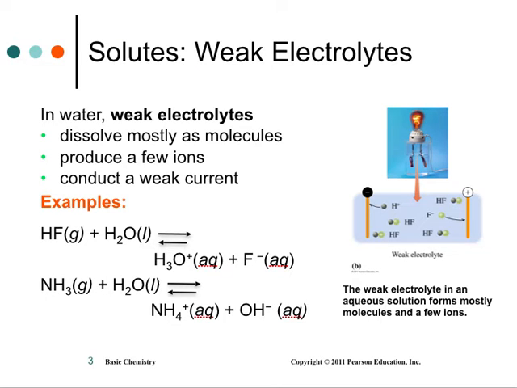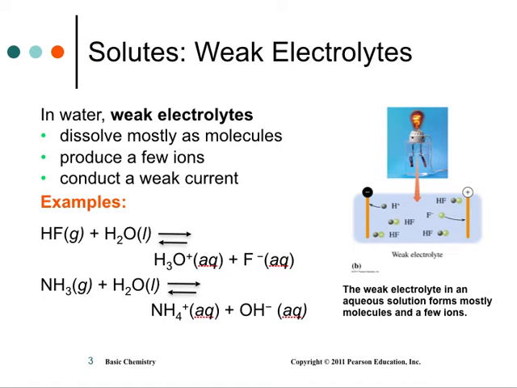You're going to have a few ions because there's a little bit of electrolyte there, but you're not going to have a strong electrolyte that would go completely into ions. And since there's only a little bit of positives and negatives in this water, it would conduct a weak current. So if you put a light bulb in and connected it to where you're actually using the water as part of the circuit, you would get a very weak glow to the light bulb.